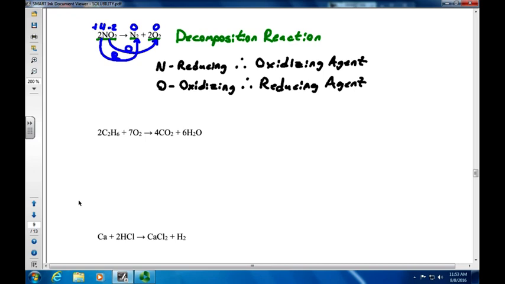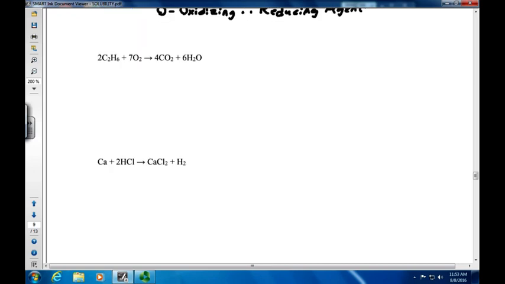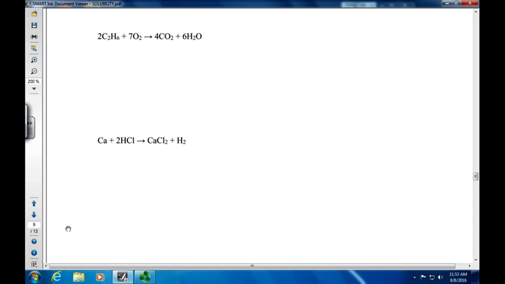Let's look at another example. Identifying what kind of reaction this is takes a little bit of expertise, but it's not too complicated. Whenever you have a hydrocarbon being burned with oxygen, and it produces CO2 and water, it is automatically classified as a combustion reaction.